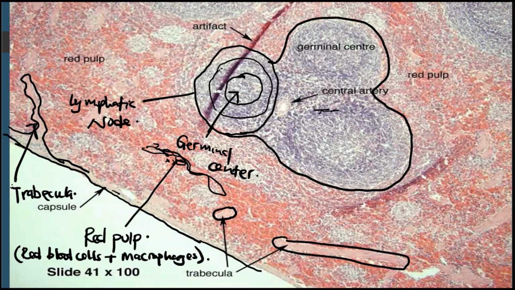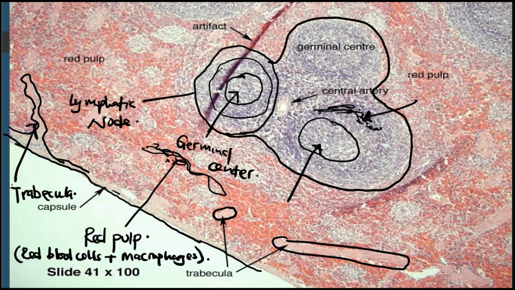Now the question would be, why does the lymphatic nodule appear dark in the periphery and white in the center? This is because in the peripheral part here, you have lymphocytes that are not actively dividing, and these have a very large nucleus that can retain stains. But the lymphocytes in the center here are actively dividing.